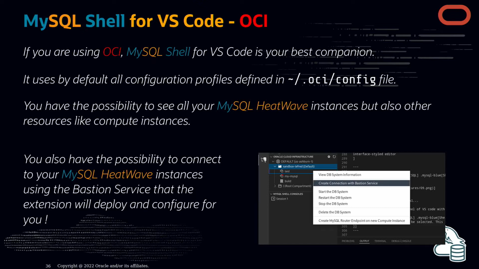So if you want to connect to it, you can do it through a Bastion service, for example, and you will have a kind of token, SSH and everything, to that machine for a specific amount of time. And if you want to reconnect because you closed everything, you just click on it, and it will redo all the magic for you. You don't have to do it manually by yourself.